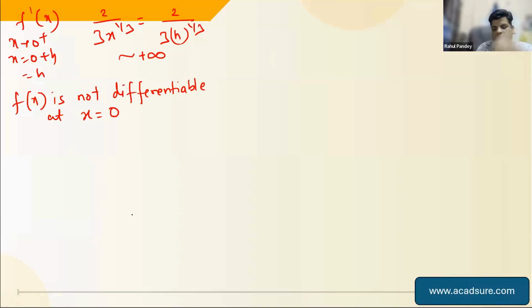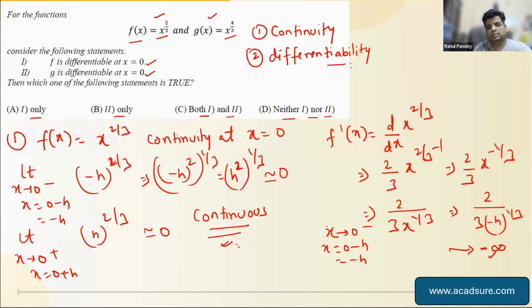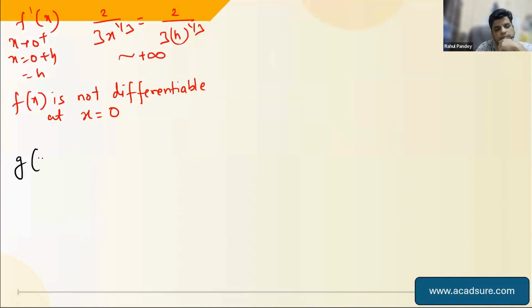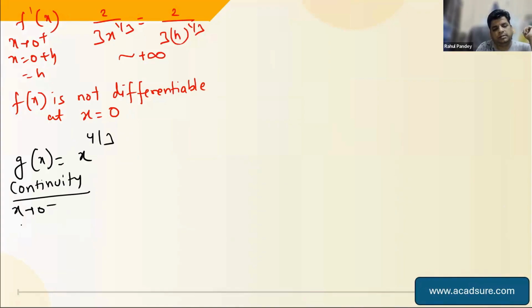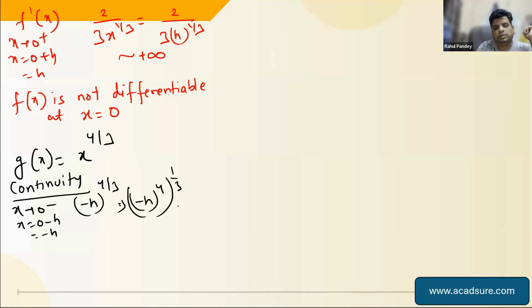Now we'll check for the other function, g(x) = x^(4/3). Now for the continuity part, x tending to 0 minus, x = 0 - h, which is (-h)^(4/3). A very small number, power 4, whole power 1 by 3, is a positive small number, power 1 by 3, tending to 0.